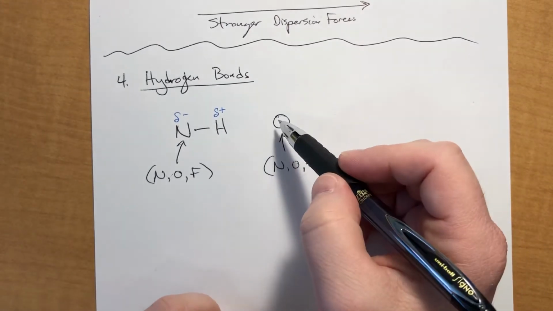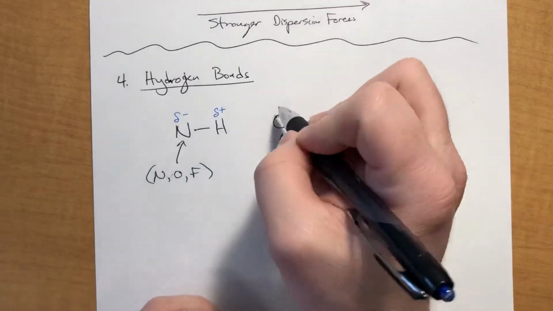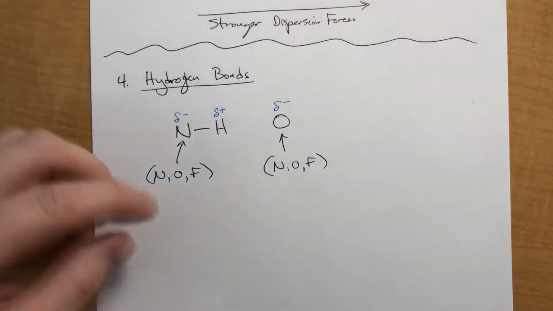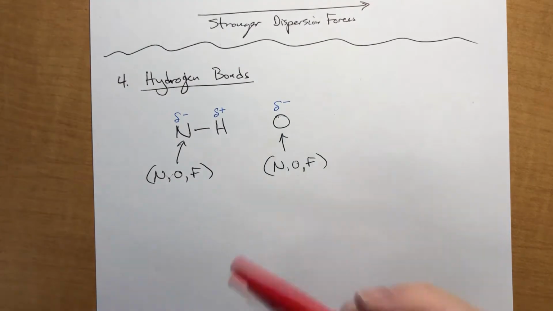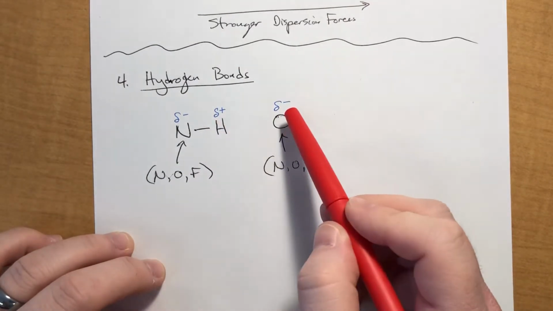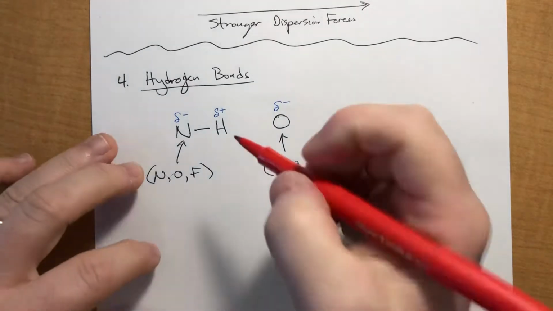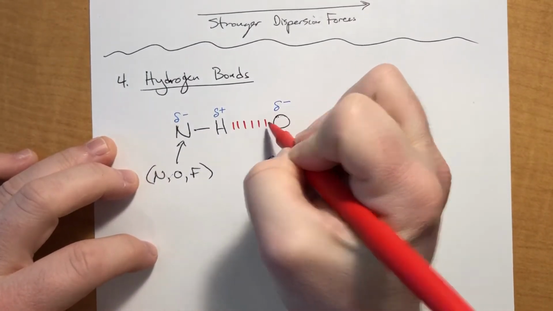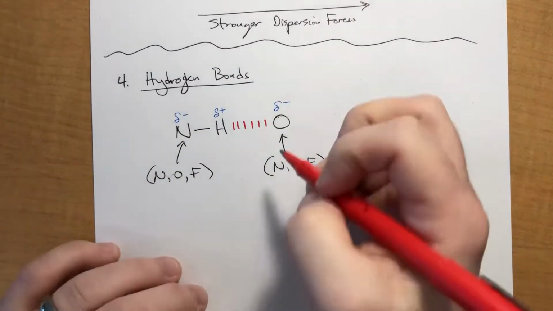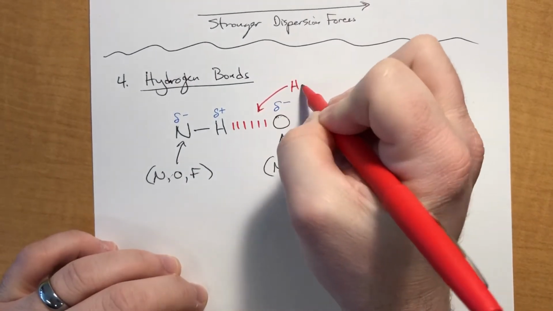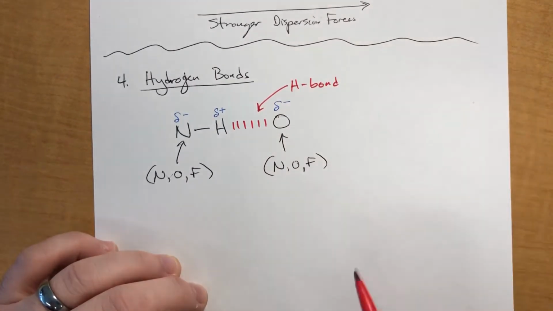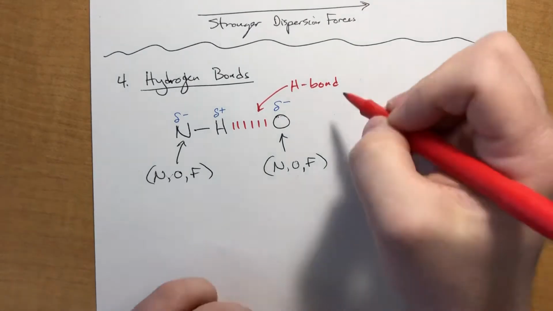Oxygen is a fairly electronegative atom, so we would expect a negative charge here. Hydrogen bonds are essentially the interaction between this positive hydrogen and something somewhat negative on another atom. So it's this interaction right here. This is a hydrogen bond. It is a very weak force.